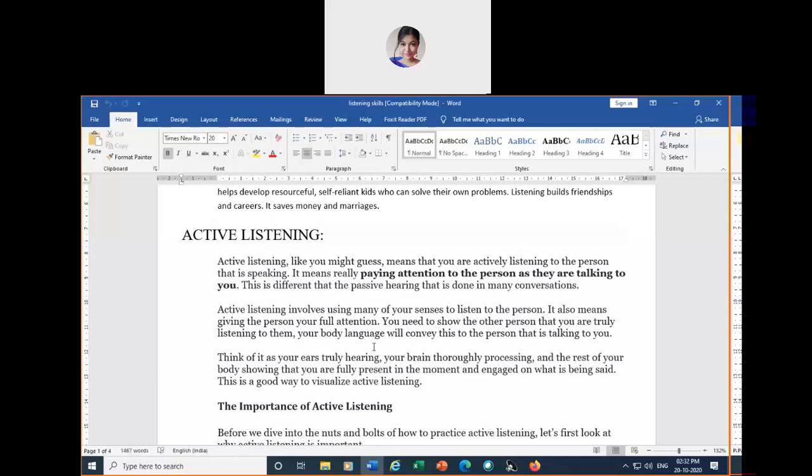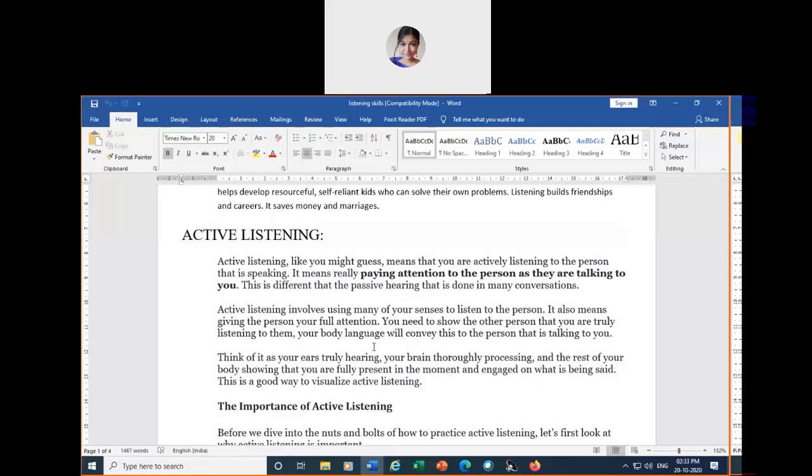How will you be able to maintain a connection with the speaker? When you maintain eye contact, when you respond, even if you cannot interact with the speaker, you can nod your head. With the help of gestures, you can show your interest, you can show that yes, you're present, you're there listening to the speaker.